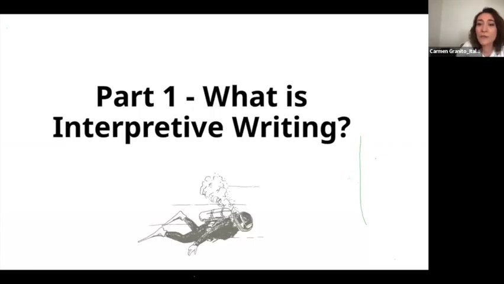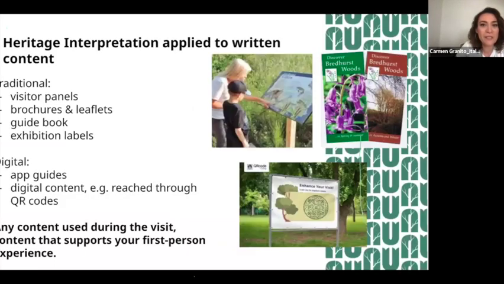So let's look at what interpretive writing is. Now, interpretive writing simply means applying heritage interpretation principles to written content. Obviously, traditionally, this would be things like visitor panels, brochures or leaflets, or guidebooks, or exhibition labels if you are in a museum or in a visitor center.